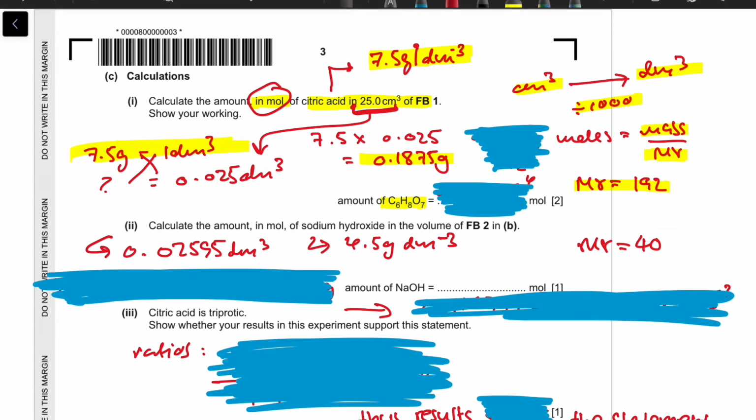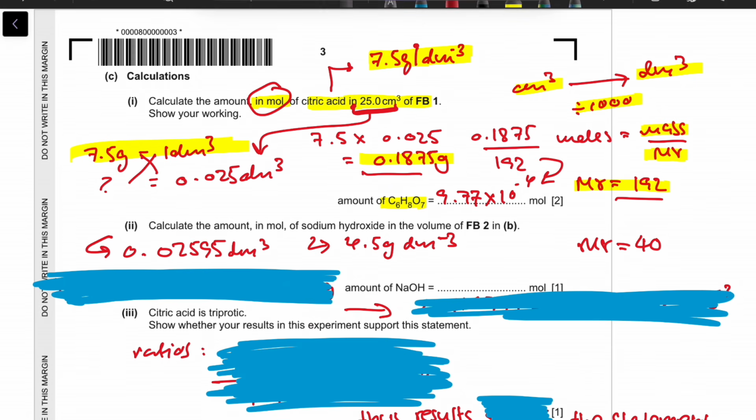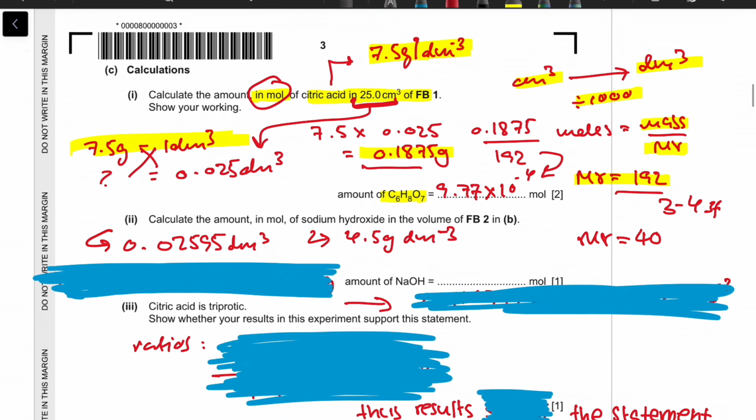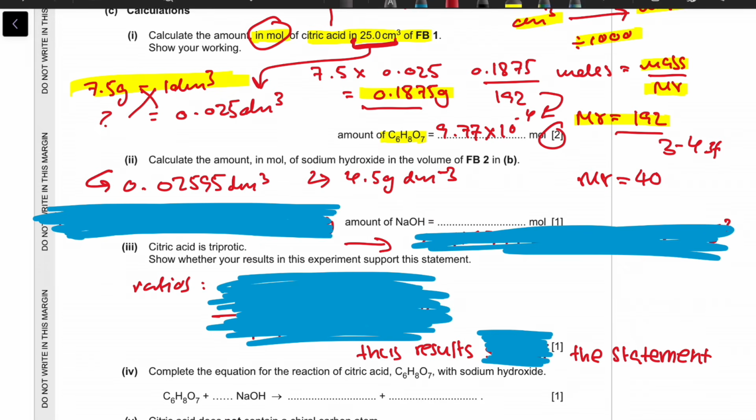Divide our mass by the MR, and we end up with 9.77 times 10 to the power negative 4 moles. This must be given to 3 or 4 significant figures. And alongside working out, you get your 2 marks.